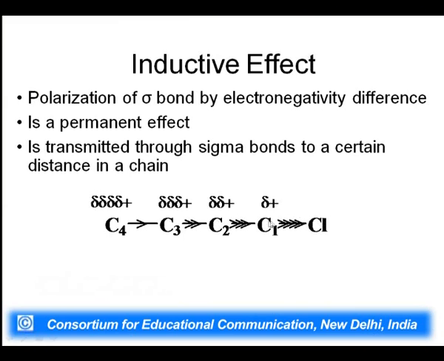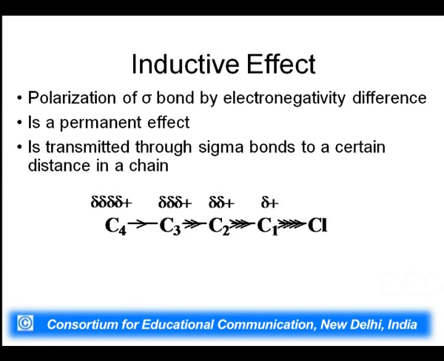So, you can see on the slide that the C1 carbon has a partial positive charge, and thus it attracts the electrons from the C2 carbon, a little bit, less than what chlorine was attracting from it, but certainly it is attracting electrons of the C2-C1 bond towards itself, as it is now not a simple carbon but a partially positive charged carbon.